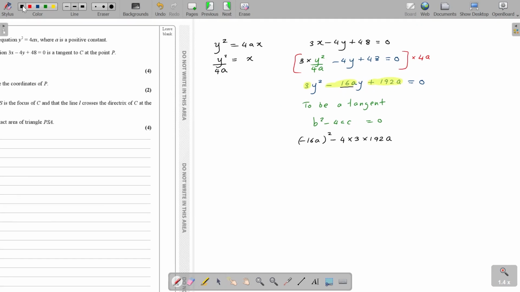How much is 16 square? 256a square minus 4 into 3 into 192 is 2304a. So I'll take a out. a into 256a minus 2304.